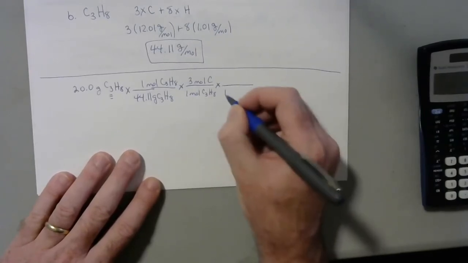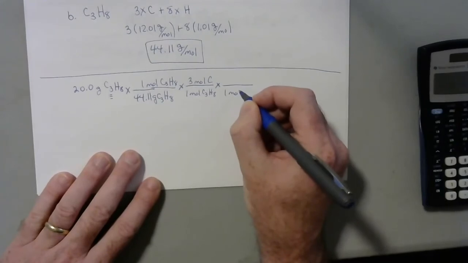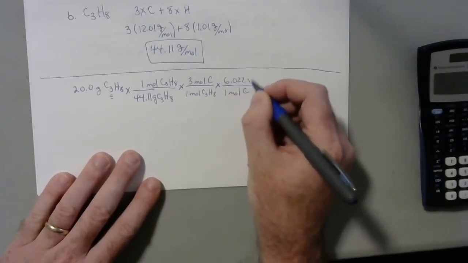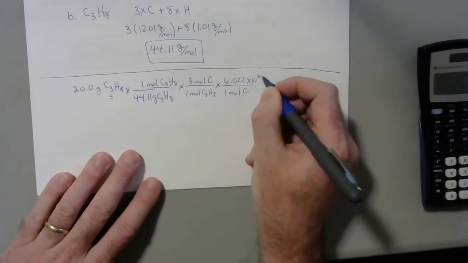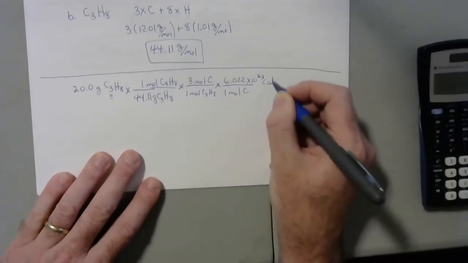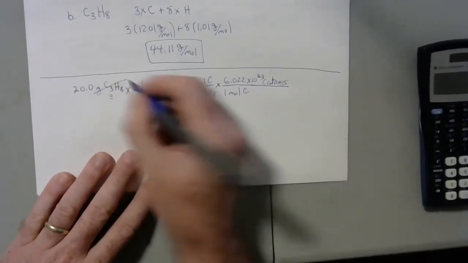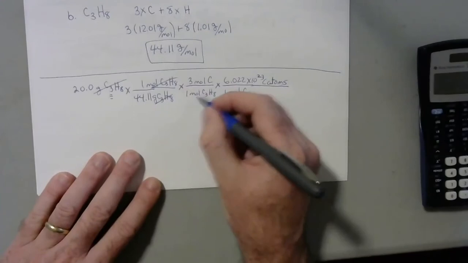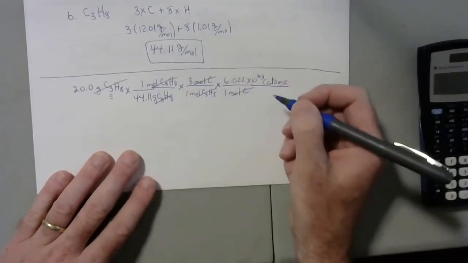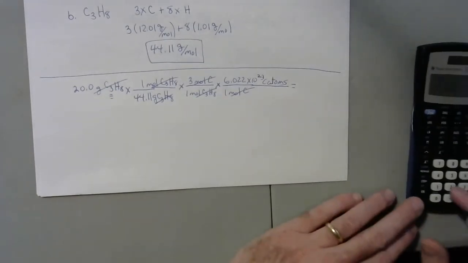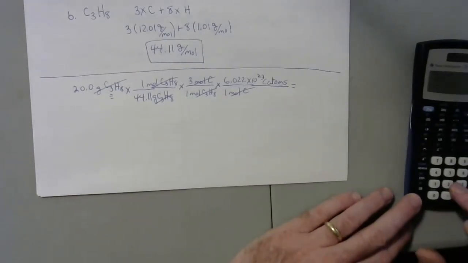And then for every 1 mole of carbon, there are 6.022 times 10 to the 23rd carbon atoms. And then we can see the grams cancel, the moles of propane cancel, the moles of carbon cancel, leaving us with carbon atoms. And so we're going to run that through our calculator.